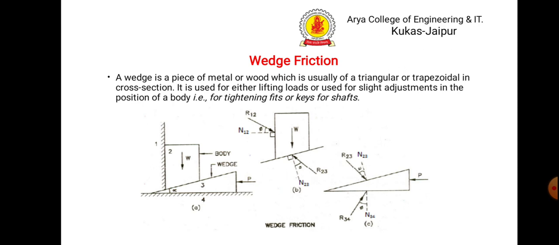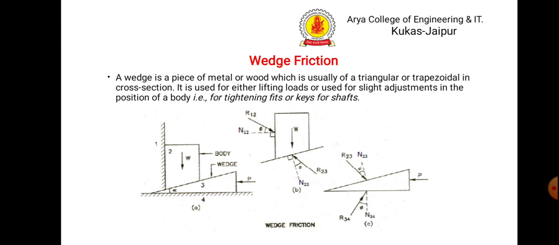For the wedge, the reaction R23 will be on the wedge, and since the direction of P is leftward, the wedge will move in the downward direction as compared to the body. So we move N23 by an angle of phi in the direction of motion. This is the direction of your R23, which is your final reaction.